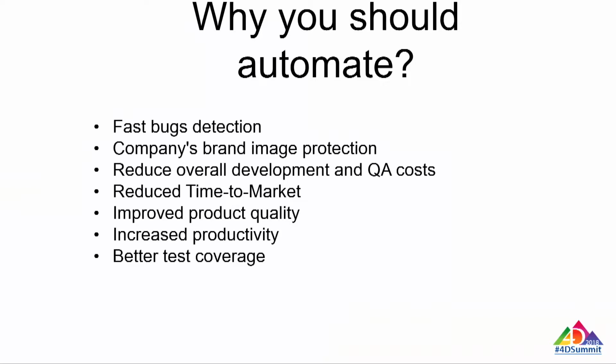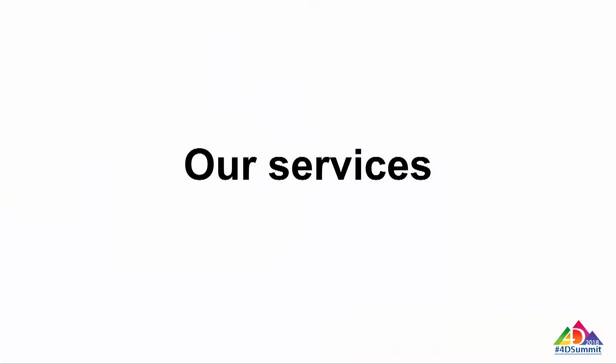And these are some benefits of test automation. Of course, fast bug detection, because you will automatically detect all the bugs just by executing the automated tests. This will help you to save your company's brand image, reduce overall development and QA costs, reduce time to market, etc.